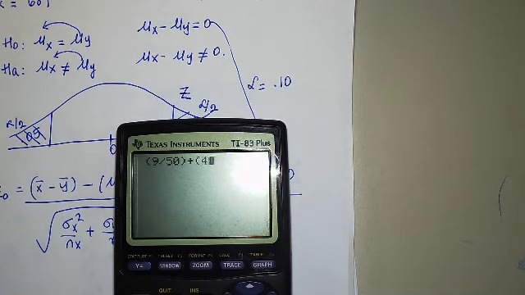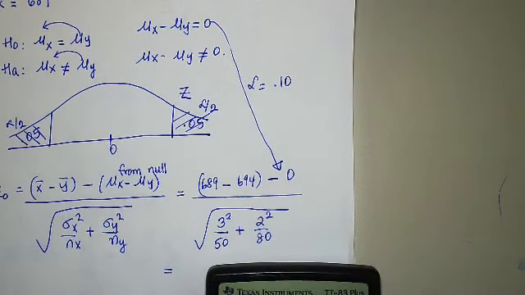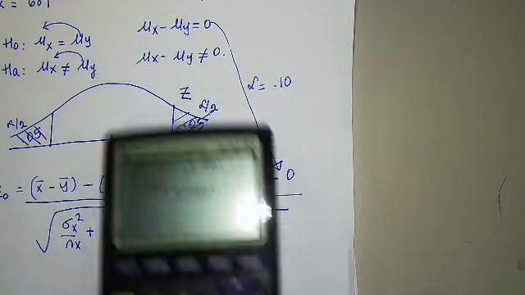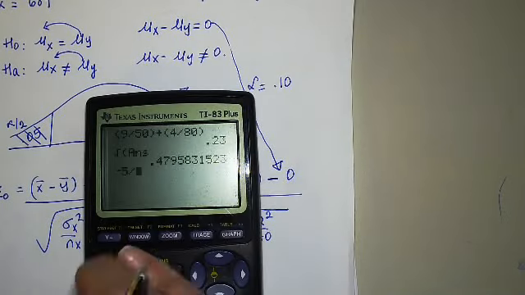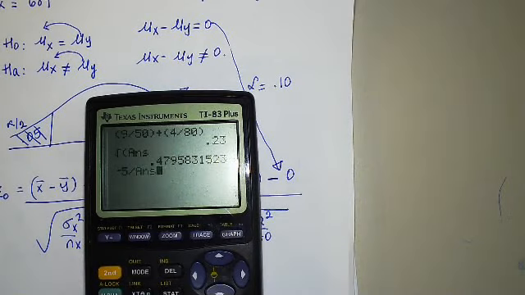And then I finish up this problem. Let's see. Let's do it. So let's do the bottom first. I have 9 over 50 plus 4 over 80. Oops, I should have put it in brackets.